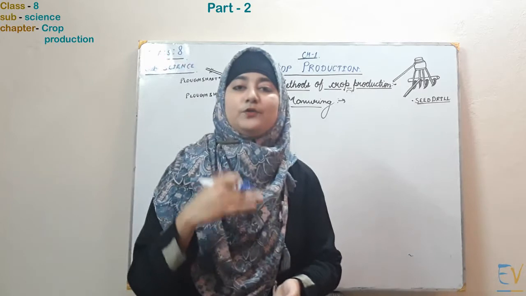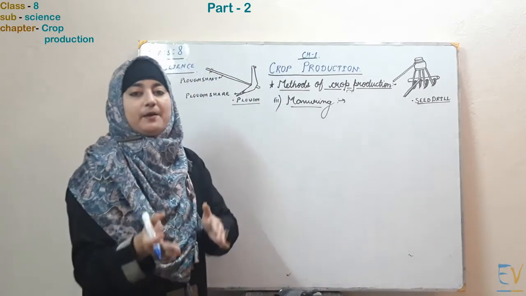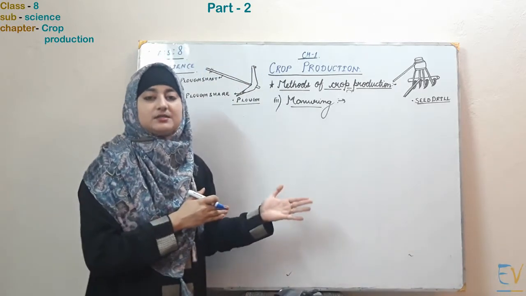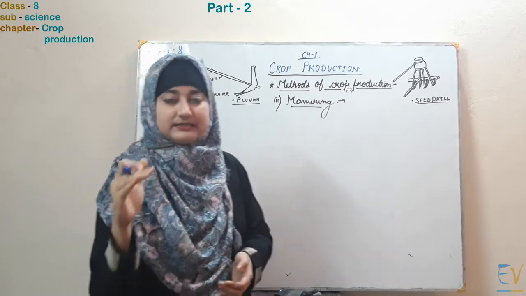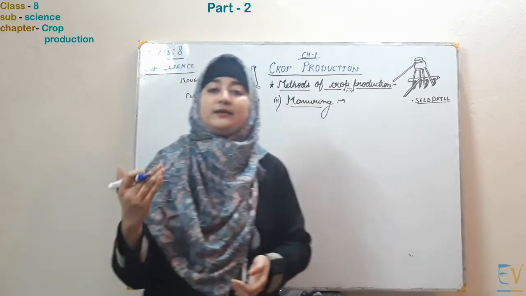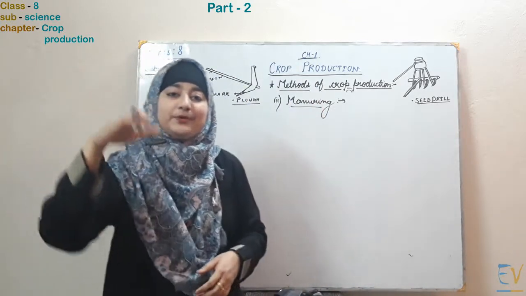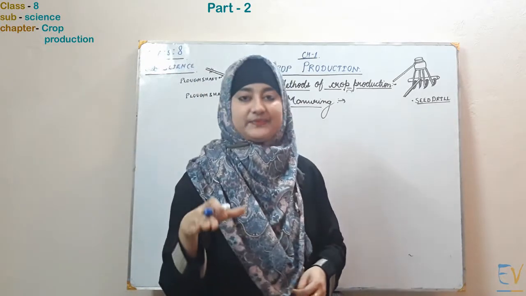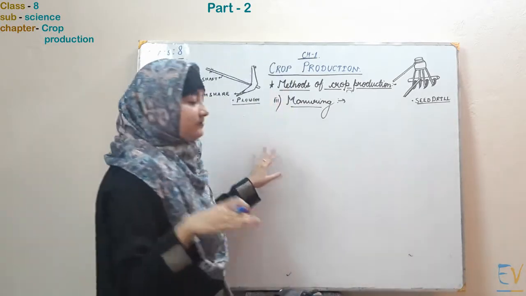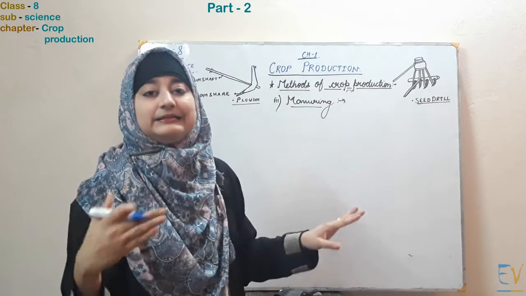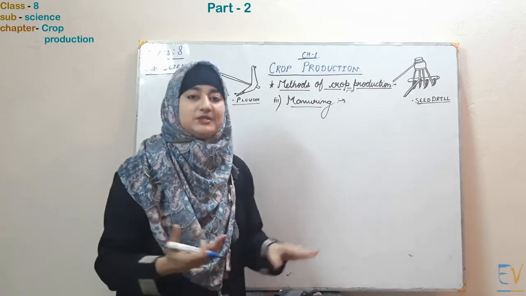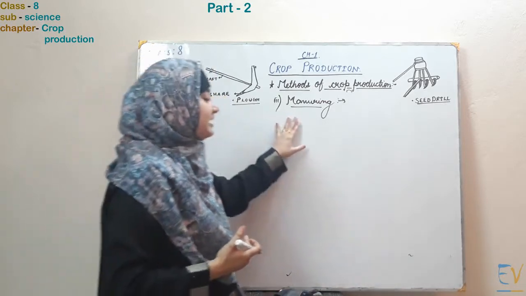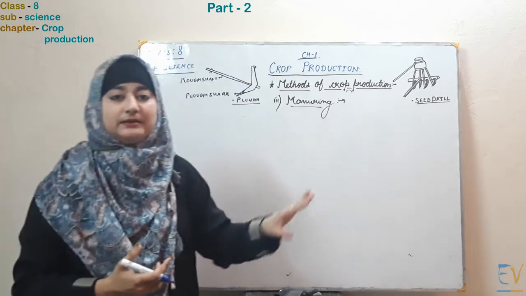So cultivation of a particular crop in a particular field causes deficiency of nutrients, isn't it? That causes decreased reproductive capacity of the soil, and also hinders the crop yield. That is why farmers supply manures from time to time in the field.